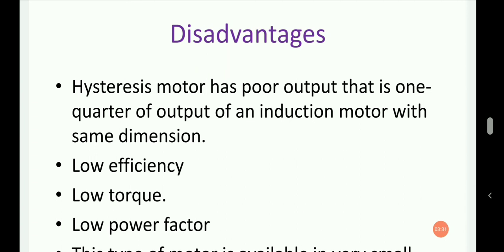Then disadvantages. The disadvantages of hysteresis motor are mentioned here. The hysteresis motor has poor output, that is 1/4 of the output of an induction motor with the same dimension. Then it has lower efficiency, low torque, low power factor. This type of motor is available in very small size only.